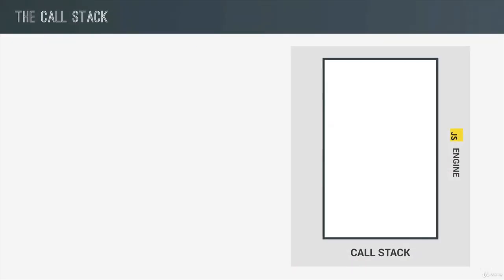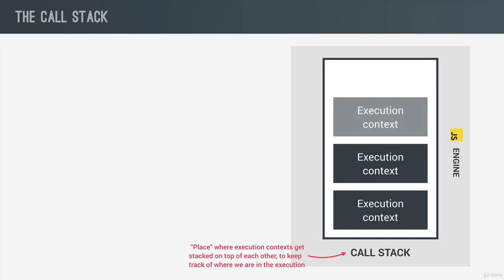And remember that the call stack, together with the memory heap, makes up the JavaScript engine itself. But what actually is the call stack? Well, it's basically a place where execution contexts get stacked on top of each other in order to keep track of where we are in the program's execution. So the execution context that is on top of the stack is the one that is currently running.